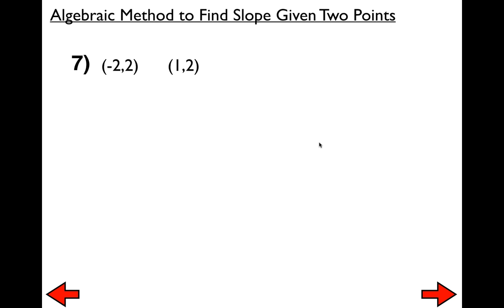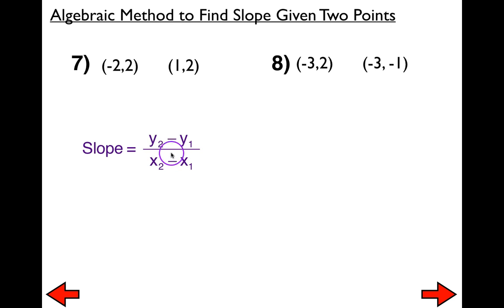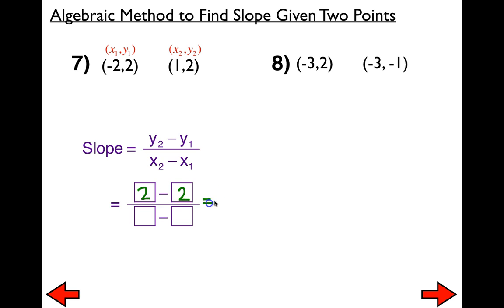So in this example here, I'm going to first write down the formula, y sub 2 minus y sub 1 over x sub 2 minus x sub 1. I'm going to label each of these coordinates, and I'm going to plug it in. The second y is 2 minus the first y is 2, so 2 minus 2 is 0. Now here, what's x sub 2? X sub 2 is 1. X sub 1 is negative 2.